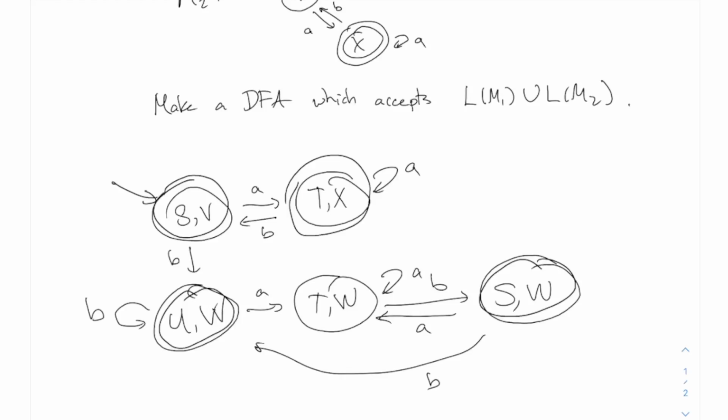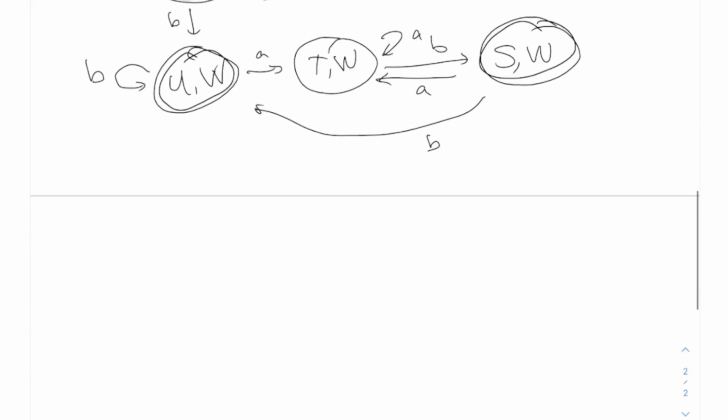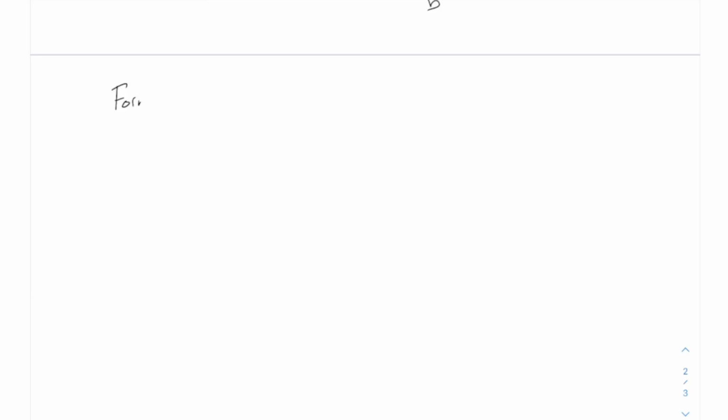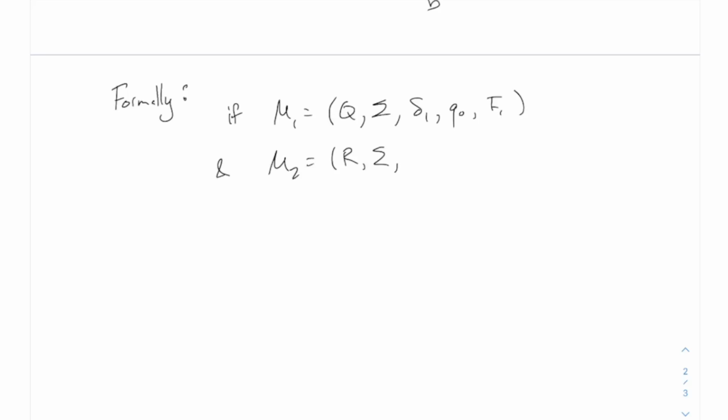All right. Great. Can we try just briefly to describe this from the formal point of view? Last time we wrote it formally and then went through a whole proof. I don't want to go through the proof. You could if you want to, but can we just describe this formally speaking? What exactly is that union machine? If M1 is Q, sigma, delta 1, Q0, F1, I'm going to write these just like last time, and M2 is, I'll use R this time, delta 2, R naught, and F2.